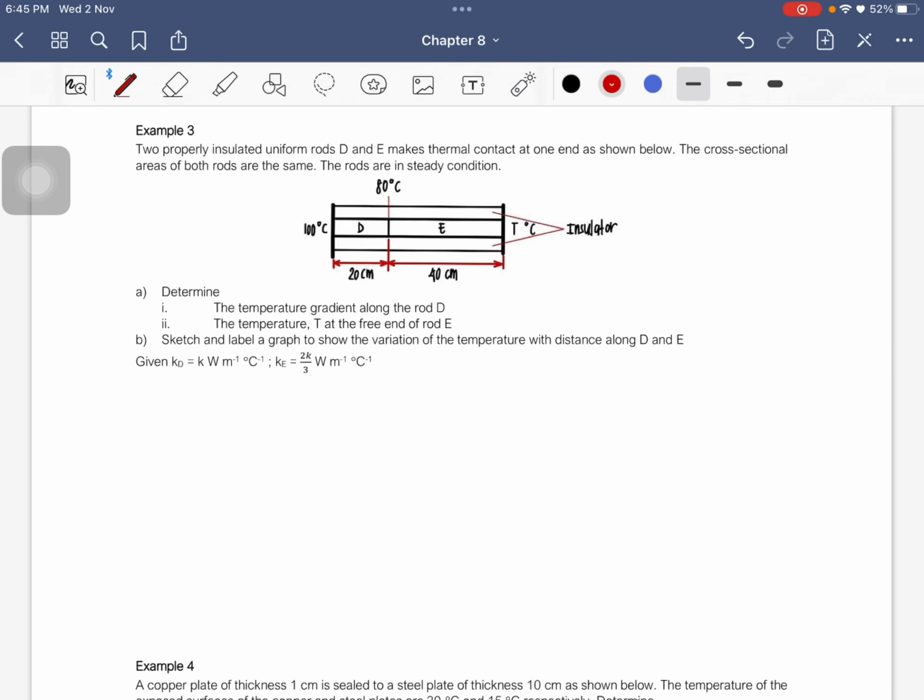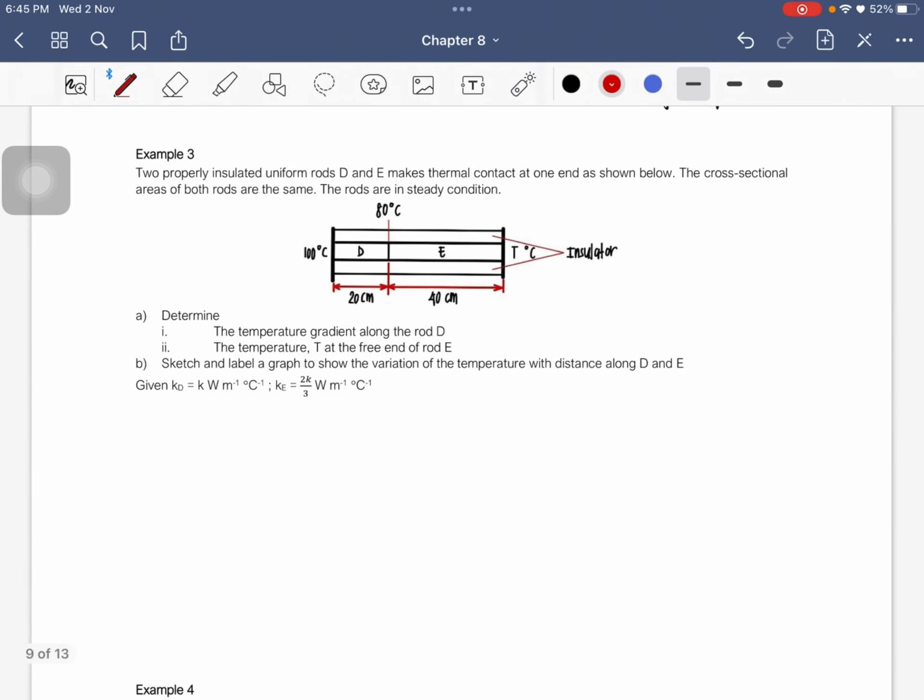First, we extract some information from what we can see from the diagram. The temperature for material D is 100 degrees Celsius. You can also write it as T1, it's really up to you. But I'll put the adjoint temperature as just T, to make it easier. And then T2 is for TE.